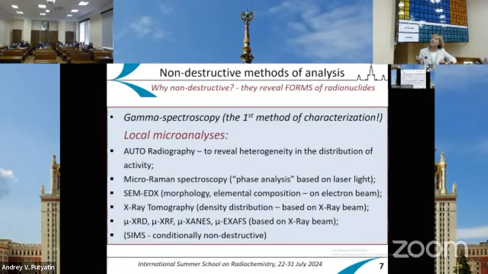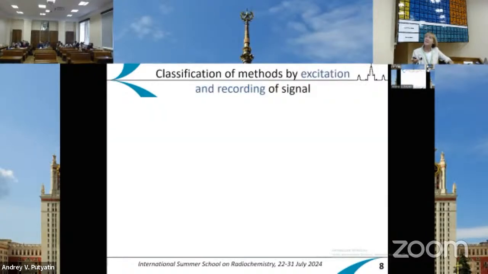It is based on X-ray beam, and there are some other X-ray methods like diffraction, fluorescence, and X-ray absorption spectroscopy, and some others. All of them are based on X-ray beam. And conditionally non-destructive, partially destructive methods, secondary ion mass spectrometry, could be used for such local analysis too.